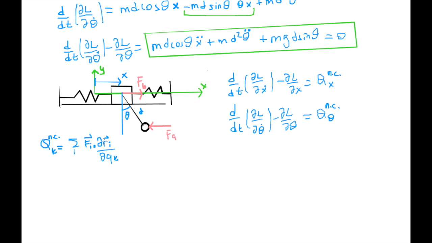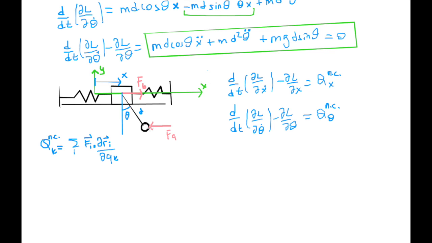So what are Ri here? Remember, this formula was derived from virtual work. So Fi inner product with dRi should be on the order of work. This Ri here is actually where this particular force is applied.